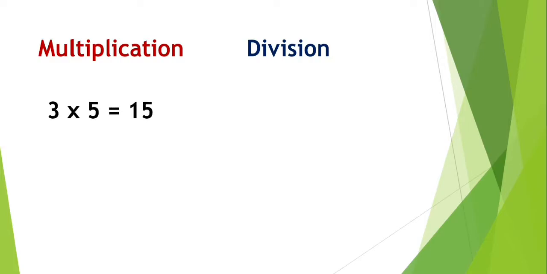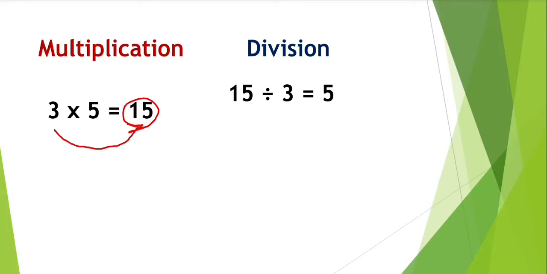Okay, just see. 3 into 5, that means the product of 3 and 5 gives 15. How can we convert it into division? Just see, 15 divided by 3 is equal to 5. That means when we divide 15 by 3, we get 5 as the answer.